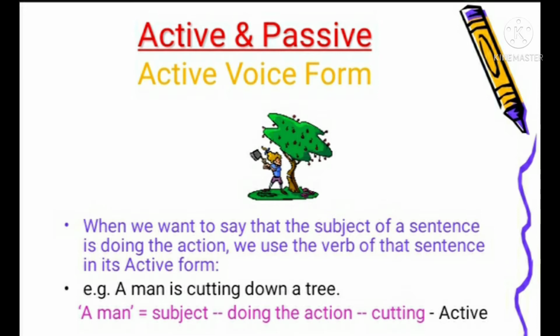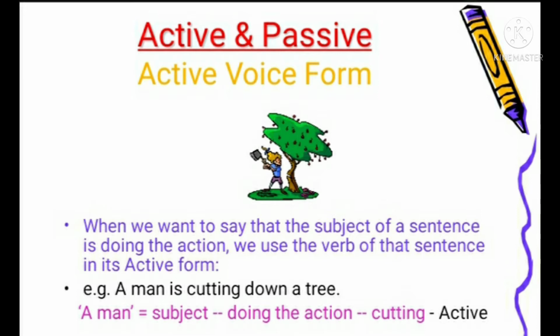For example, a man is cutting down a tree. What is the subject here? Man. A man is the subject. What action is he doing? He is cutting. So naturally cutting is the verb. It is in the active form. You understand, when the subject is doing the action, it is called active voice.